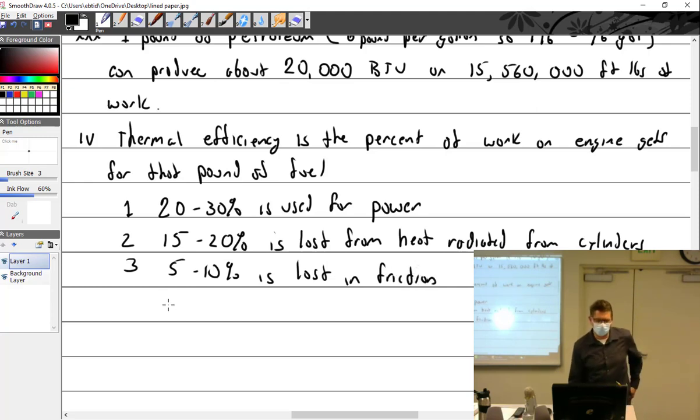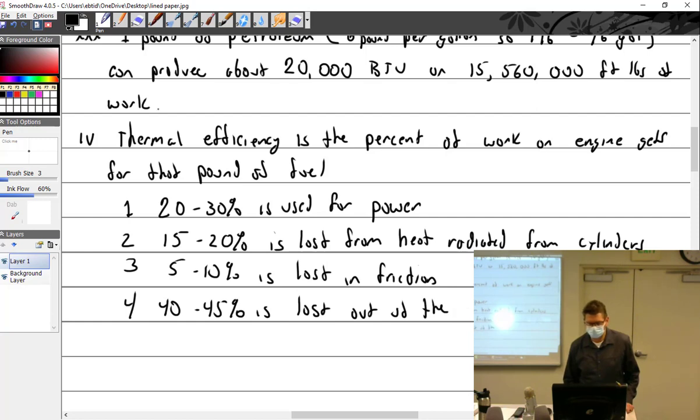Now, it seems to me that friction loss should be up in the power, because the fuel produced the power that pushed the piston, but then you have friction loss inside the engine. I don't want to make it too difficult. Which means that 40 to 45% is lost out of the exhaust.